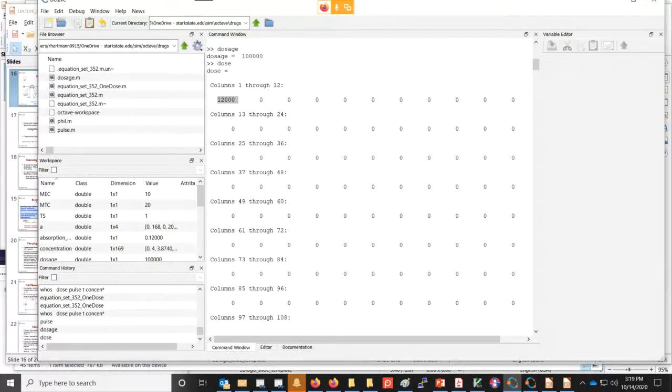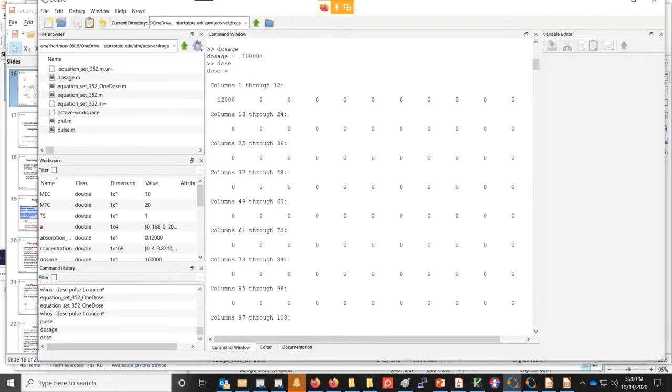Okay, so that's how much I've actually absorbed. The dose was 100,000 micrograms, but I only absorbed 12% of that. Those values were given at the beginning of the problem. That's where I got that 12% and stuff.